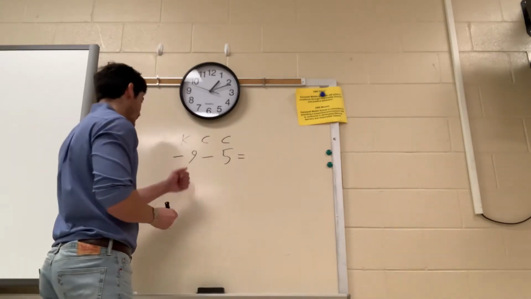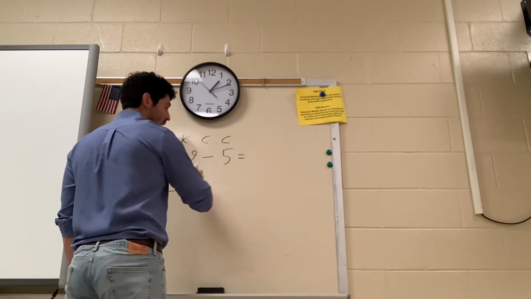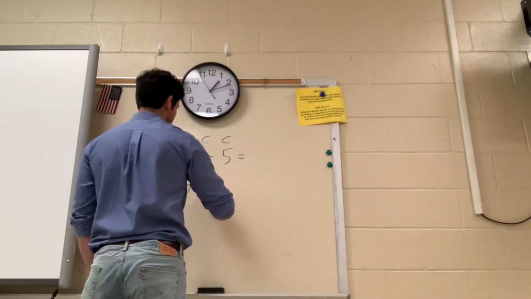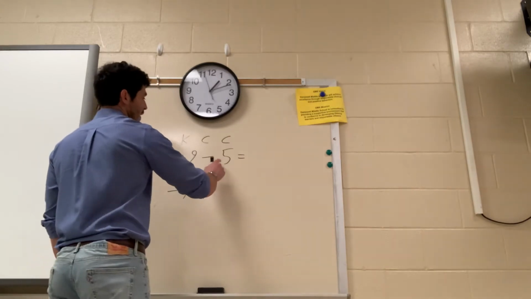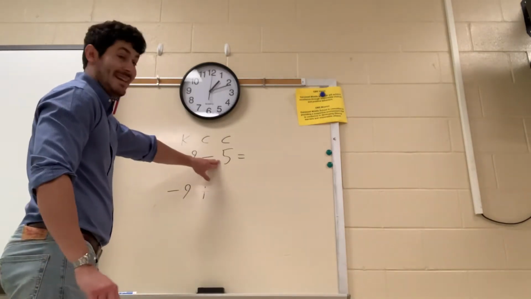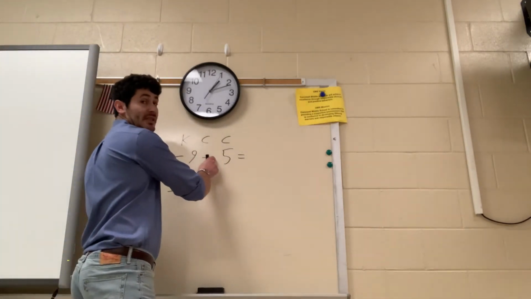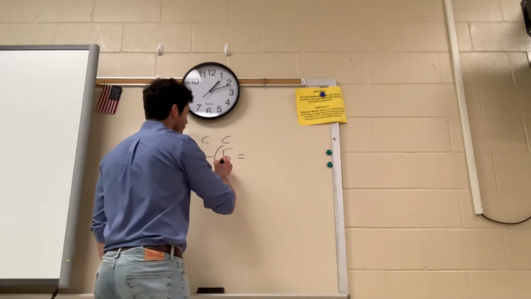So I'm going to keep the first number, which is a -9. I'm not messing with it. But I'm changing this into a plus. And I'm changing this into a negative. To some of you, it may look like this is a negative number because of the sign, but just keep in mind, this is a subtraction sign. This number here is still positive.